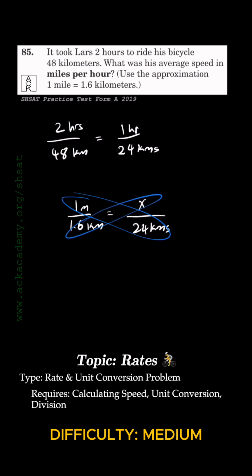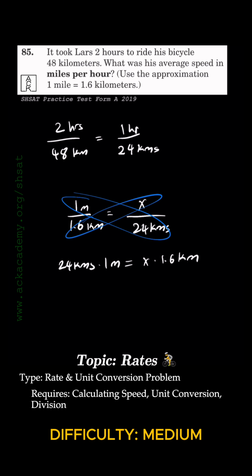Again, if you don't know how to do this properly, definitely investigate that. So 24 kilometers multiplied by 1 mile is equal to x times 1.6 kilometers. All right?